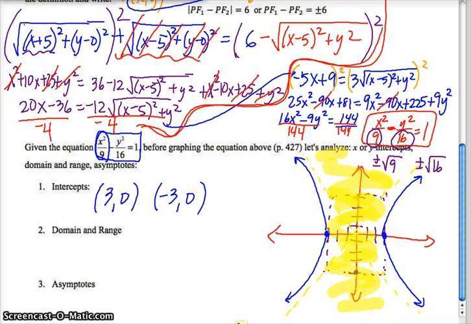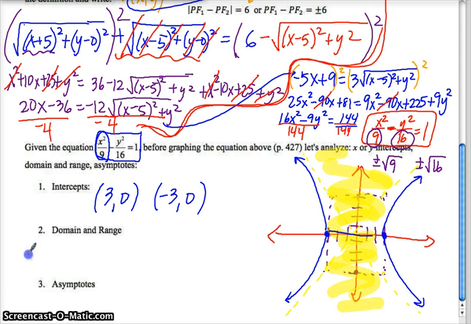Well, hopefully you're saying to yourself, oh, it's excluded from the domain. Why? Because this graph goes infinitely up, forever and ever, and forever and ever down. But it only goes right here and left here, and all this is blank in the middle, which is my horizontal distance.